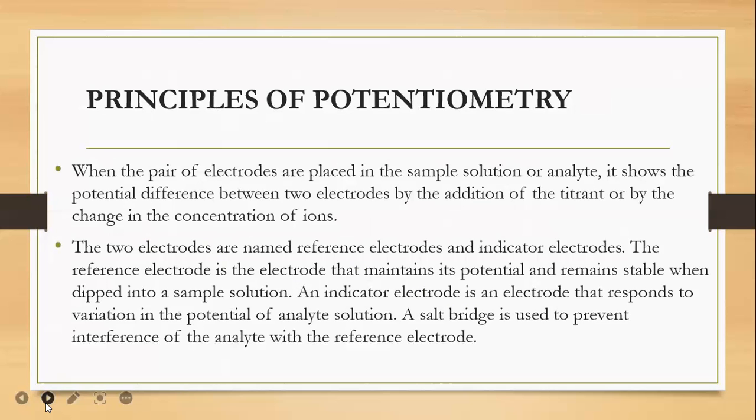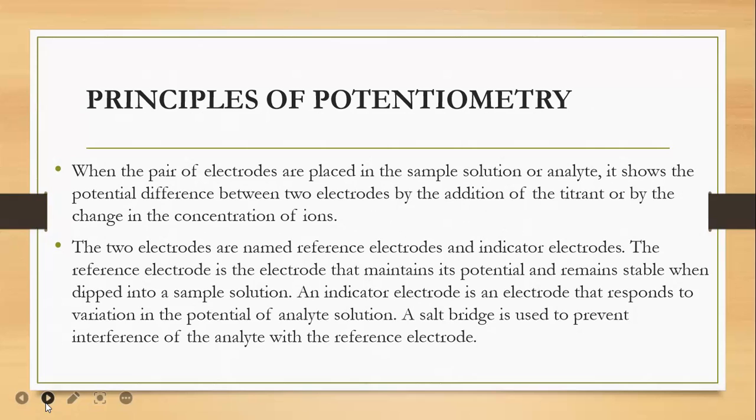So next we have the principles of potentiometry. When the pair of electrodes is placed in the sample solution or analyte, it shows the potential difference between the two electrodes by the addition of the titrant or by the change in the concentration of ions. The two electrodes are named the reference electrode and the indicator electrode.